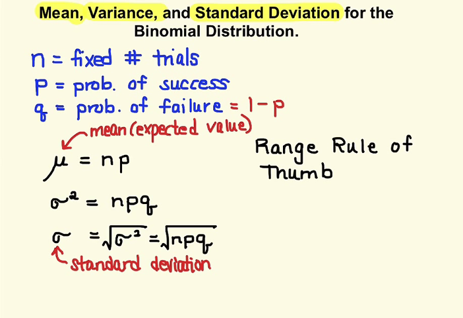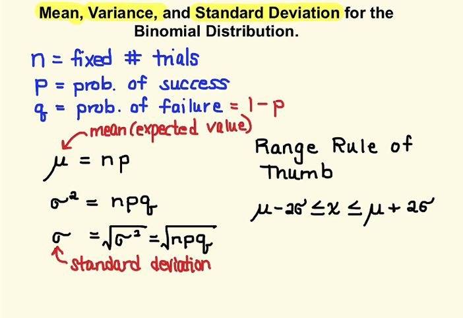So the range rule of thumb says that our expected x value, our outcome, would be somewhere between the average plus 2 times the standard deviation and the average, or the mean, minus 2 times the standard deviation. Anything outside of that would be considered unlikely, improbable.